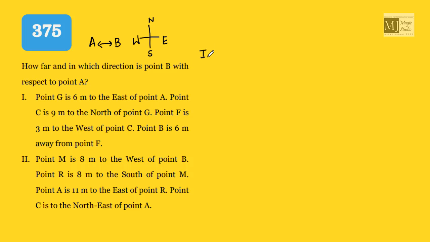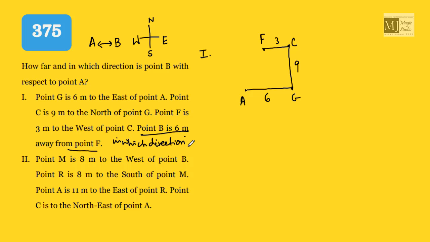Statement 1: point G is 6 meter to the east of A. Point B is 6 meter away from F. In which direction from F?